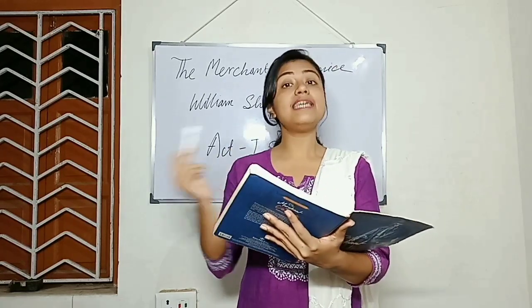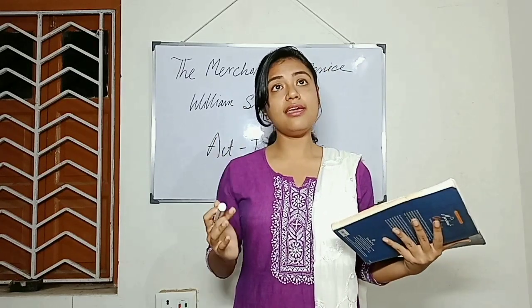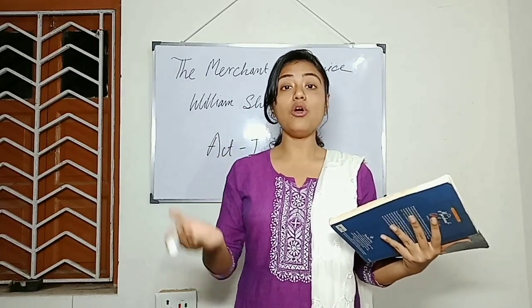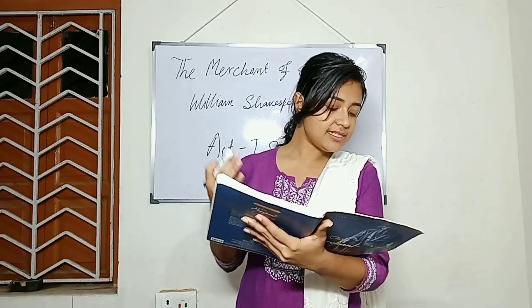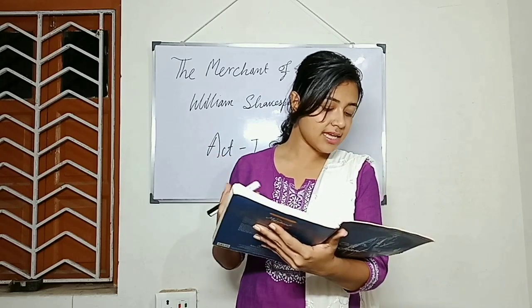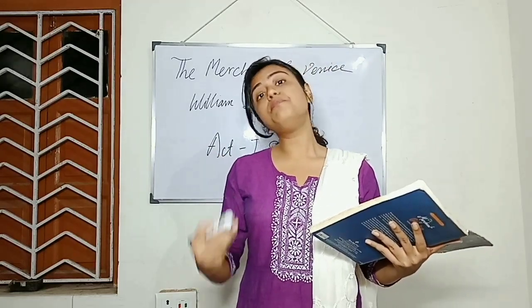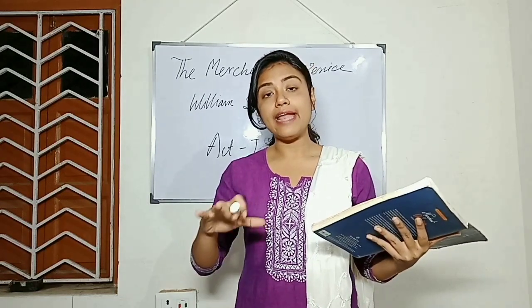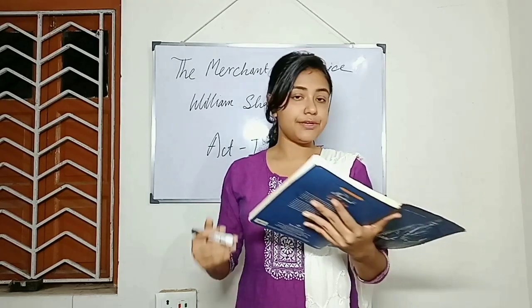So here, as I said, is an imagery. He is thinking of his ship getting overturned. Vailing her high top means topsails lowering than the mast, and it seems like they are willing to kiss its burial. Burial means the sandy banks where the ship has become embedded.